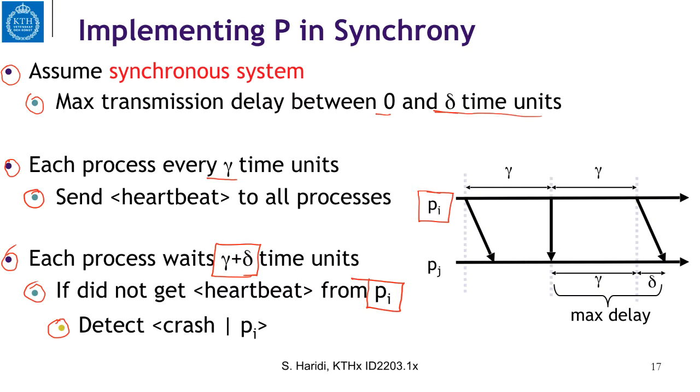Let us say it again from the perspective of Pi. Pi, every gamma time units, sends a heartbeat. And now let us look from the perspective of Pj. If Pj did not get a heartbeat from process Pi after gamma plus delta time units, then it declares that Pi has crashed.